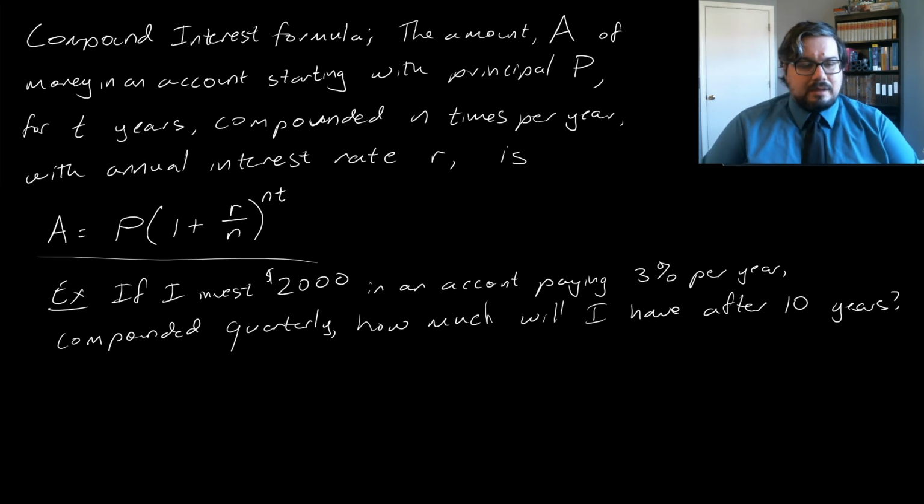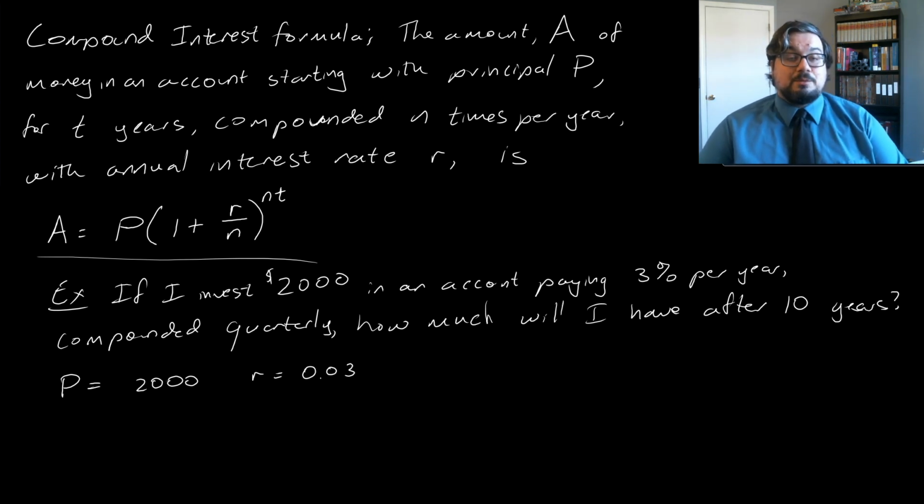So let's see, we are told that we start with $2,000, so we'll let P be 2,000. Paying 3% per year, that's the interest rate. Now, importantly, the interest rate always has to be expressed as a decimal, not a percent. So you need to convert your percentage into a decimal. 3% is 0.03.